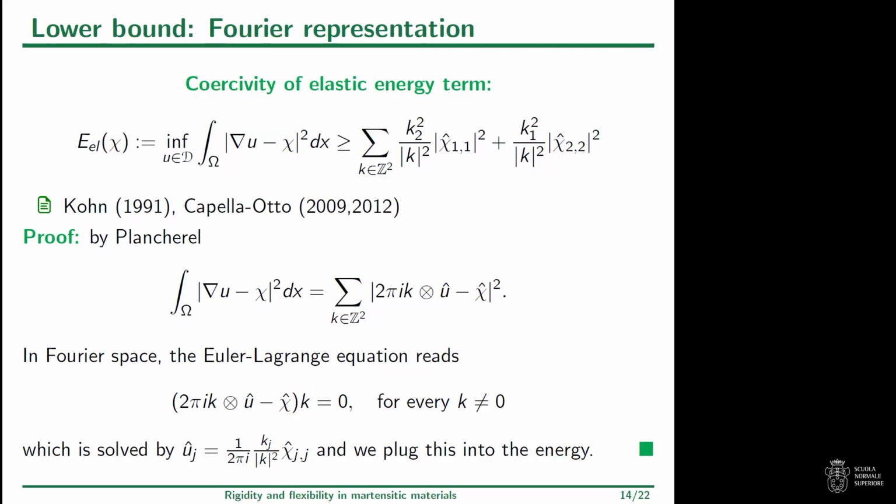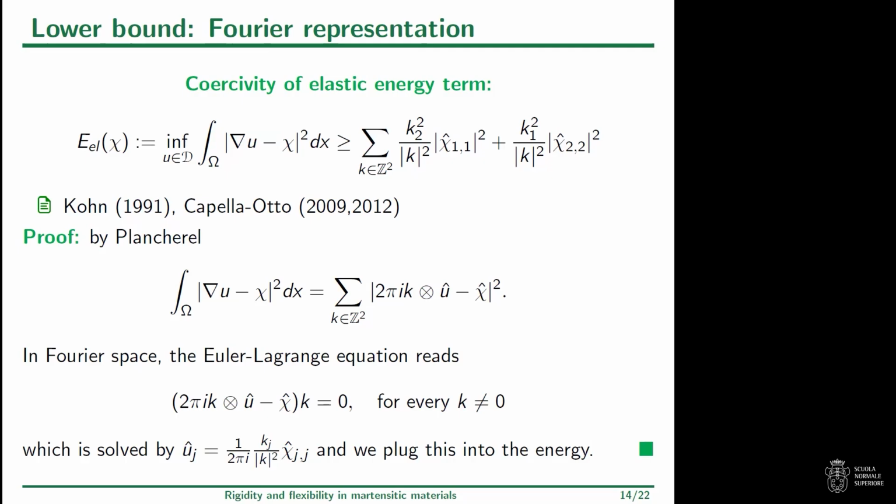How do we prove such a lower bound? We rewrite this minimum problem in U in Fourier space. We take this energy and use Plancherel; after Plancherel, the energy reads like this. You minimize it by an indirect method, using the Euler-Lagrange equation, which you can do either here and then apply Parseval, or directly in Fourier space.